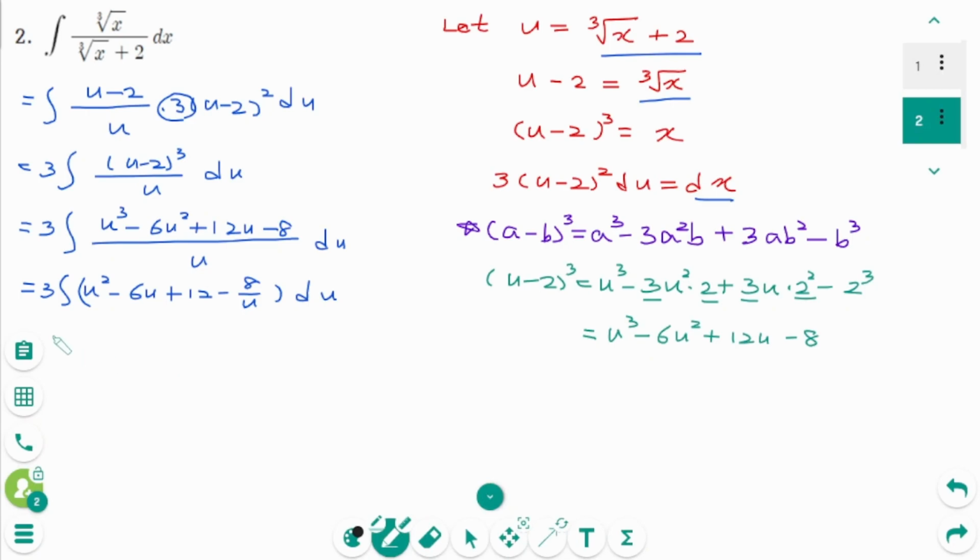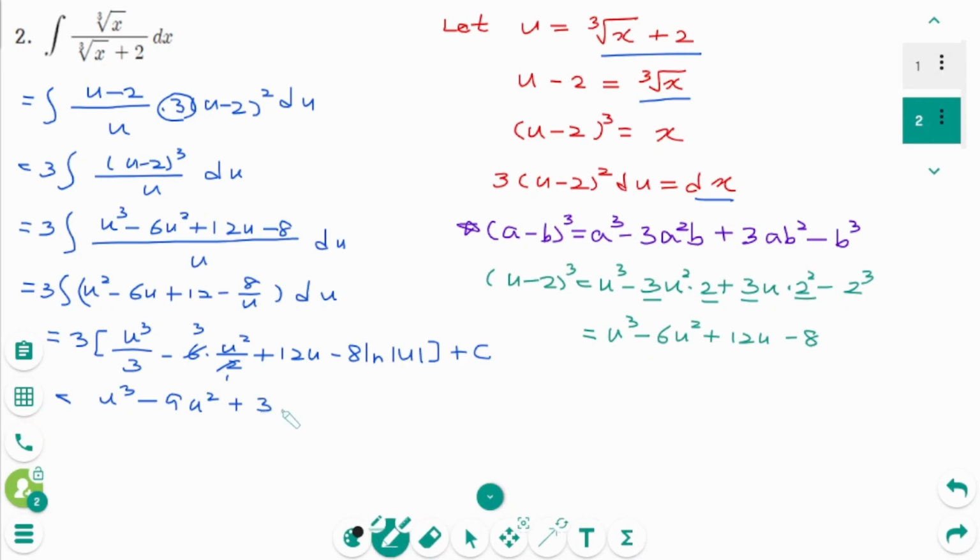Now shall we integrate one by one? 3 times u cubed over 3 minus 6 times u squared over 2 plus 12u minus 8 times ln absolute value of u plus c. Then expand: u cubed minus 9u squared plus 36u minus 24, then ln absolute value of u plus c.